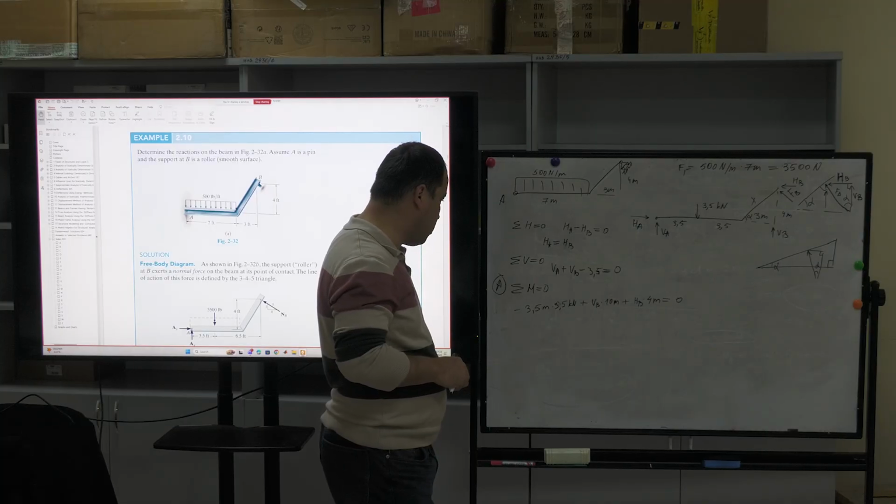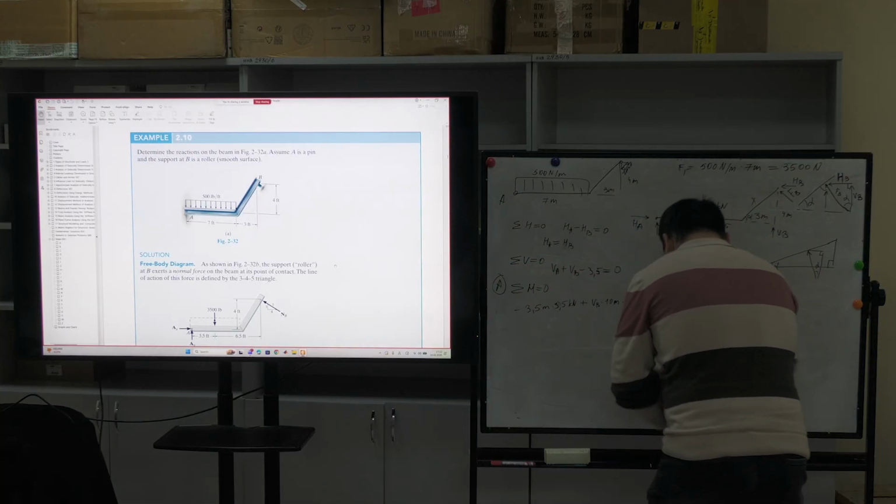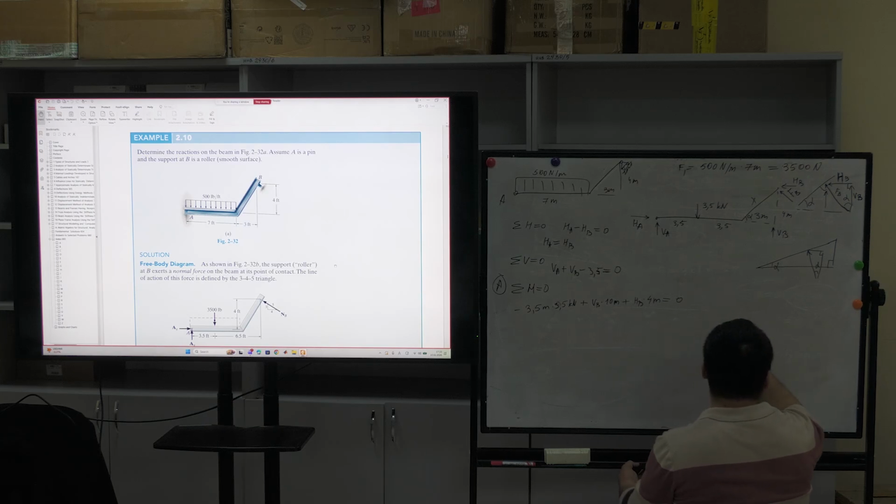Everything starts from this point. Okay. So what I have to do is just: sine alpha is equal to HB divided by FB. Cosine alpha is equal to VB divided by FB. Yes?